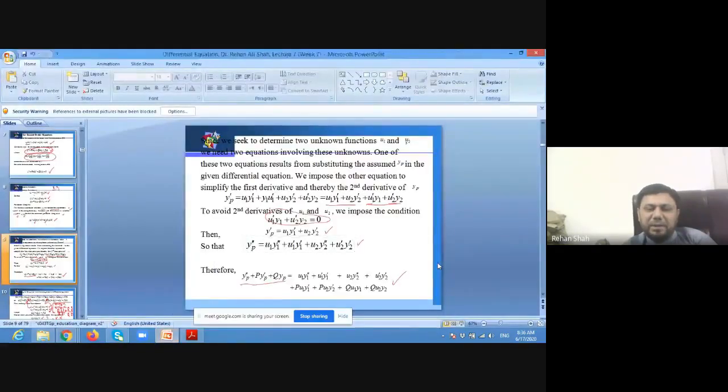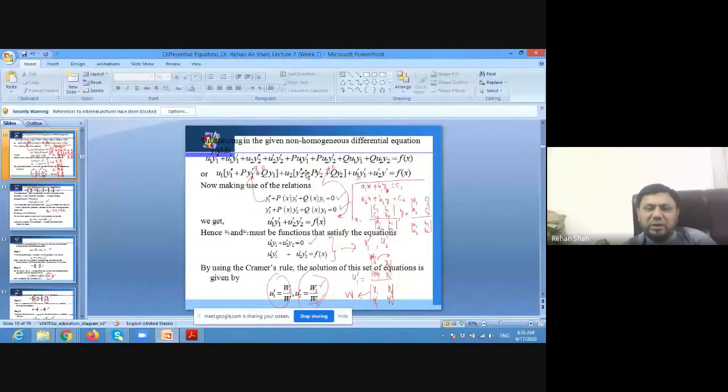You take common u1 from some terms, take common u2 from some terms, and write the remaining terms as they are. Only by putting the values of yp, y dash p, y double dash p, you will write this equation. Is that okay?